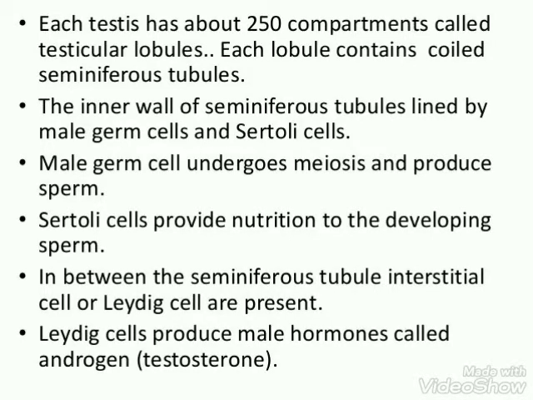The region outside the seminiferous tubule contains masses of cells called interstitial cells or Leydig cells. Leydig cells synthesize and secrete the male hormone called androgen or testosterone, which maintains the male sex characteristics.